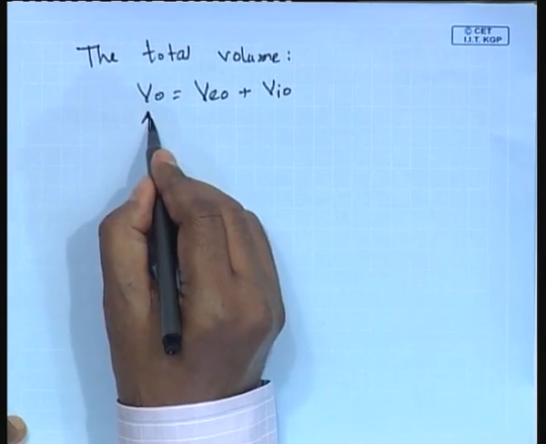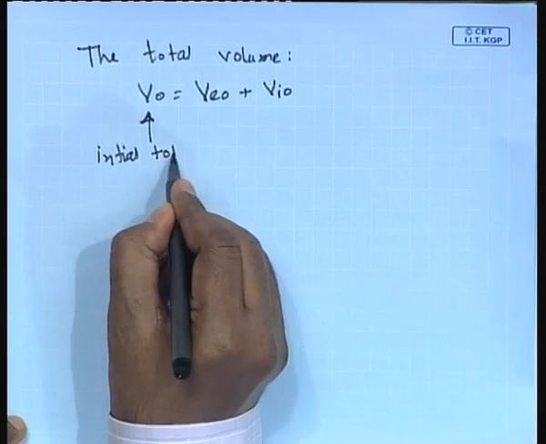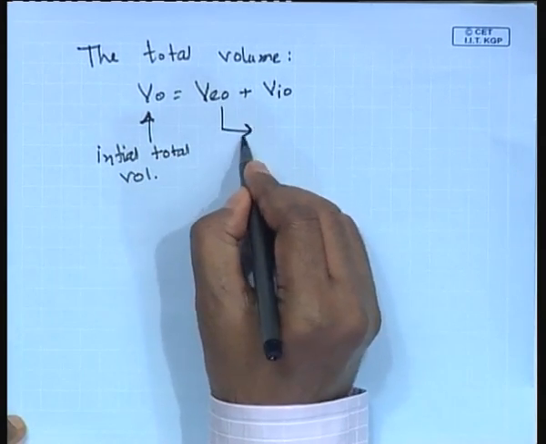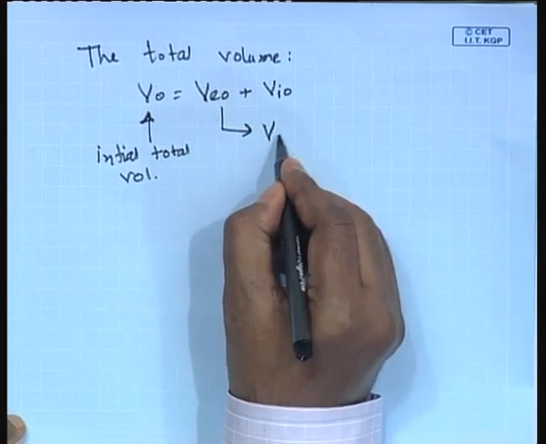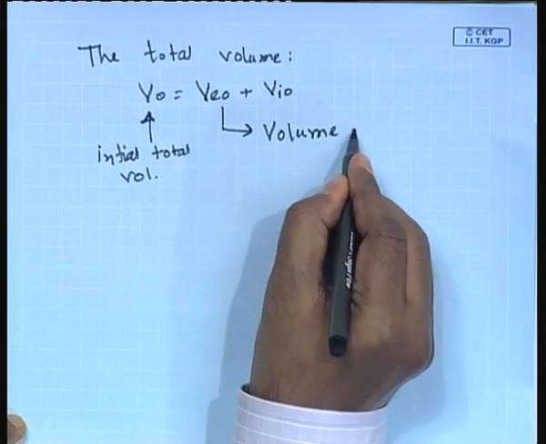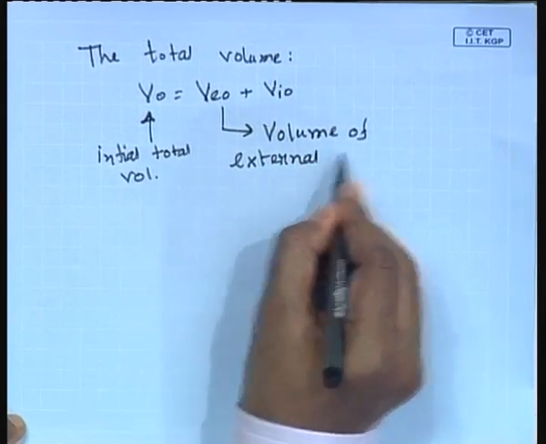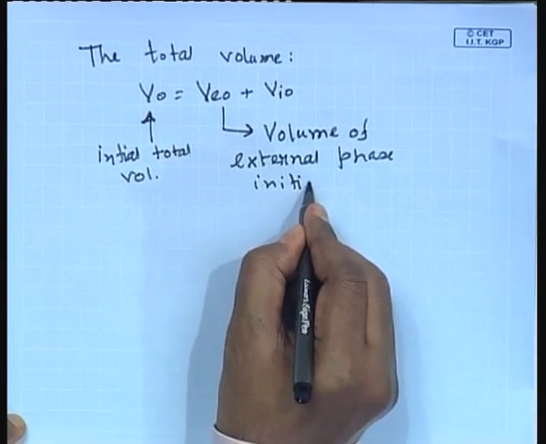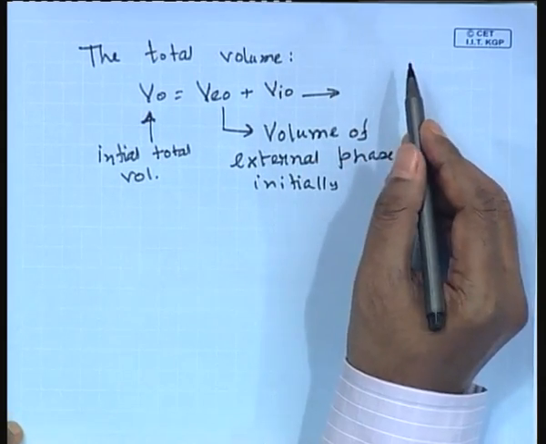So, this is the initial total volume, V_E0 is the volume of the external phase initially, V_I0 is the volume of the internal phase initially.